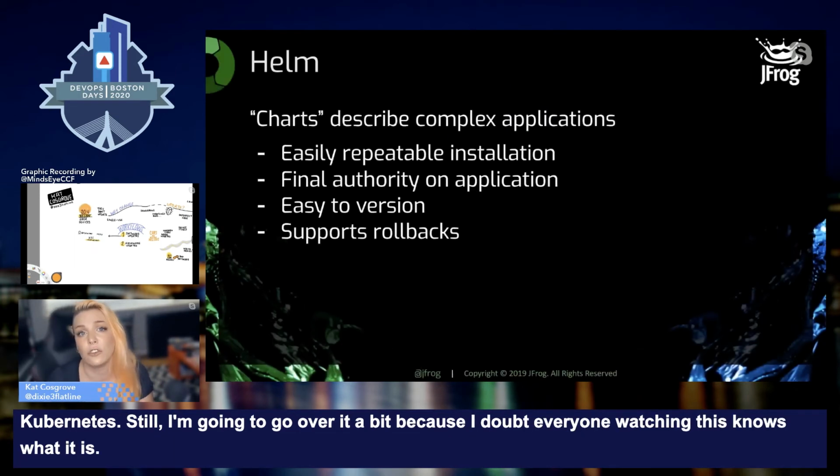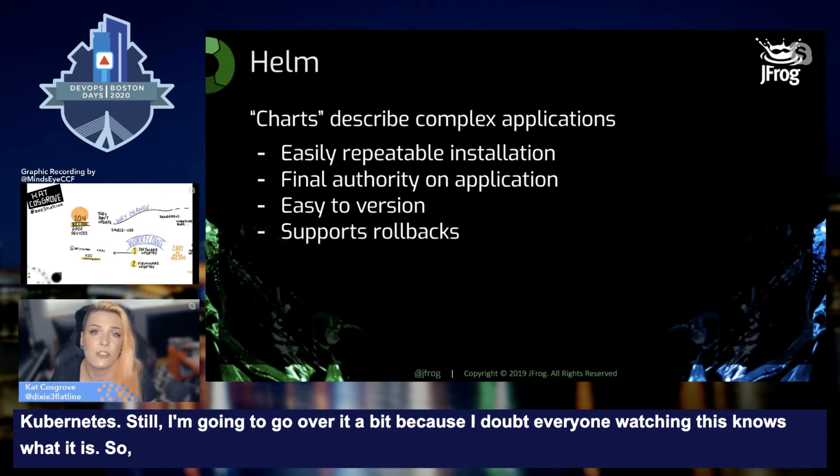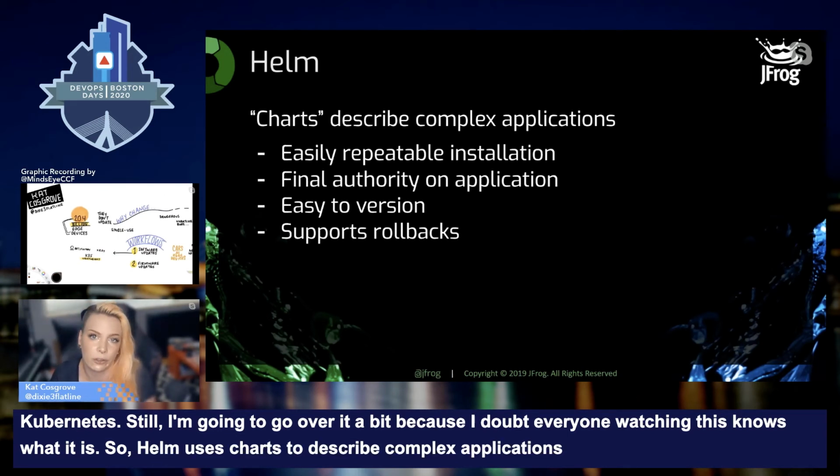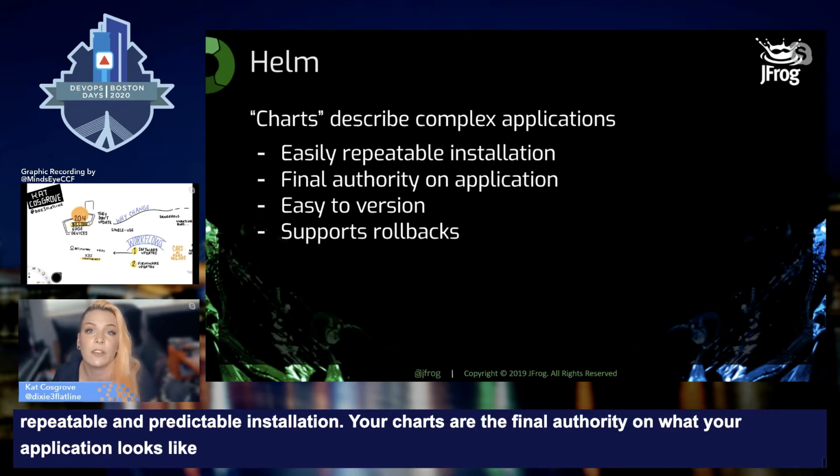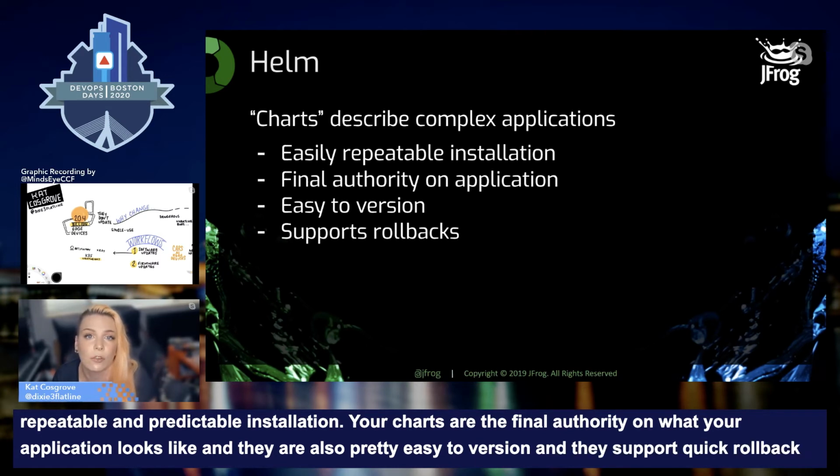So Helm uses charts to describe complex applications and allows for an easily repeatable and predictable installation. Your charts serve as the final authority on what your application looks like, and they are also pretty easy to version, and they support quick rollbacks if something goes wrong. So all good.